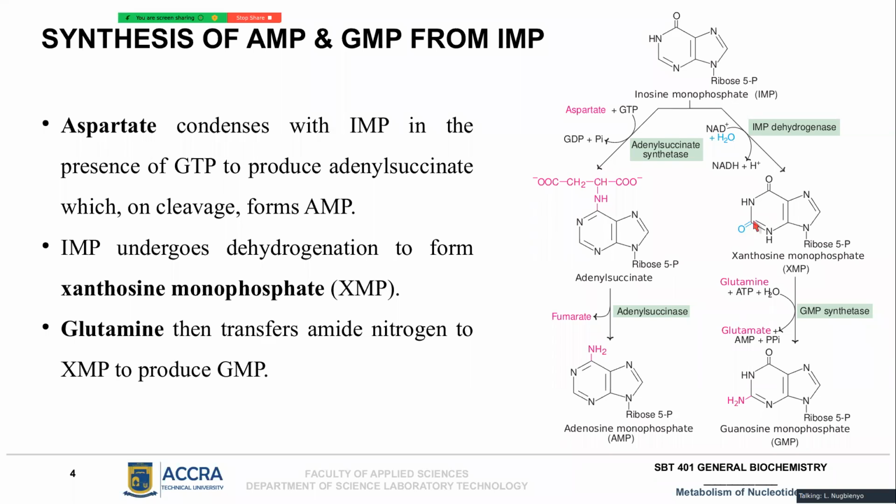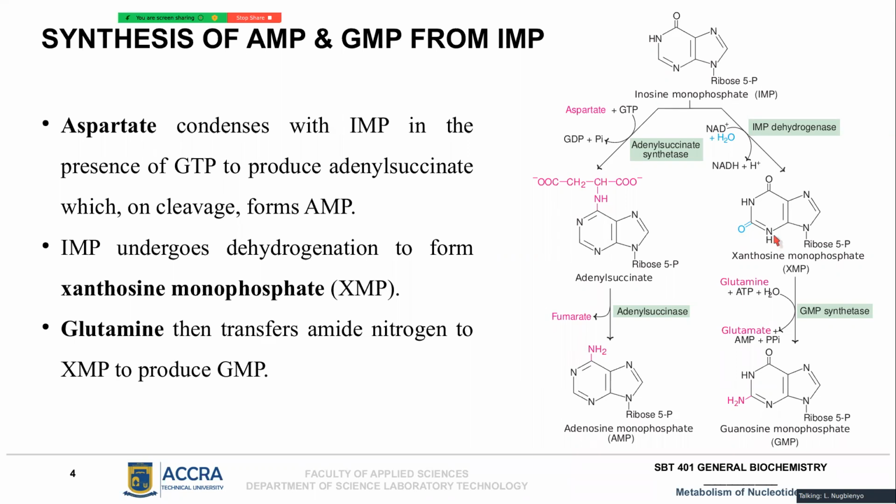And then the N3 also gets reduced. So you see from here, there is no hydrogen here, but here you see a hydrogen. And this hydrogen is coming from this coenzyme, the nicotinamide nucleotide, which is involved in the transfer of protons in that oxidation reduction reaction. So this N3 is also reduced.